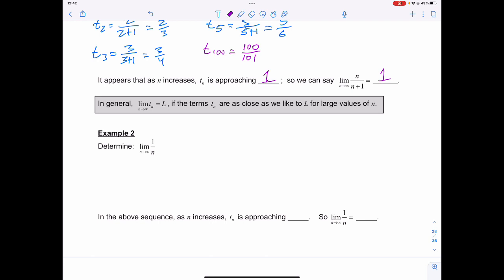So if I'm putting that into practice, like example 2 here, I'm going to say the limit as n approaches infinity of 1 over n would be the same as 1 over infinity. Well, we can't plug infinity into our calculator, so it's just going to be 1 over a very large number. Now, as the number gets bigger, what's actually happening?